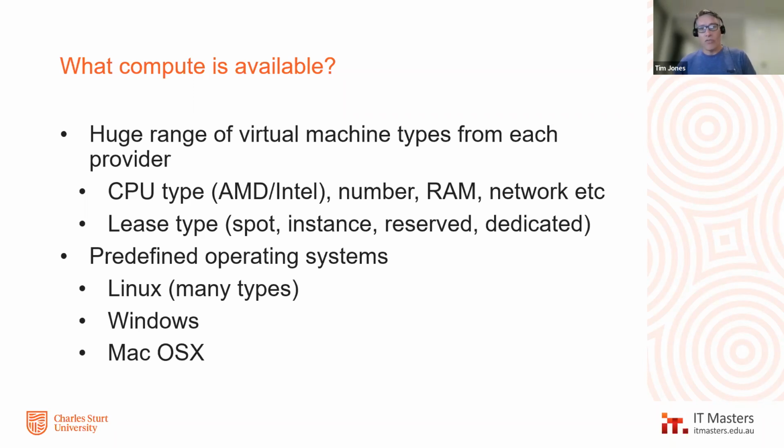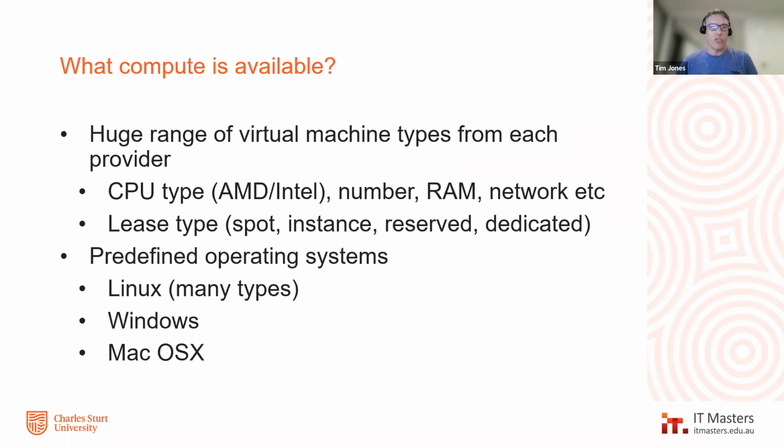The amount of memory involved, again, we can go anywhere from half a gig of memory running a very simple system, up to multiple terabytes of memory for something like SAP HANA running in the cloud, and networking and other components.